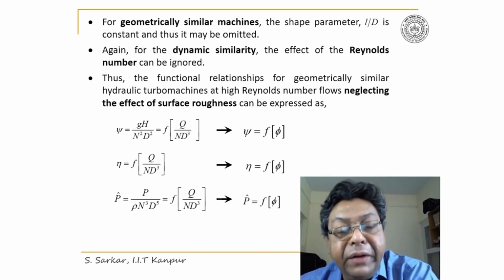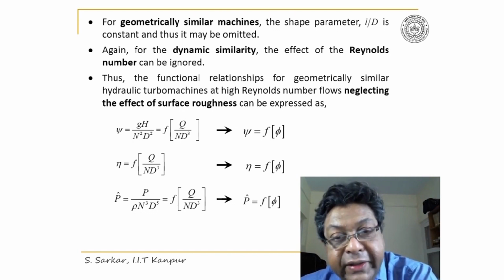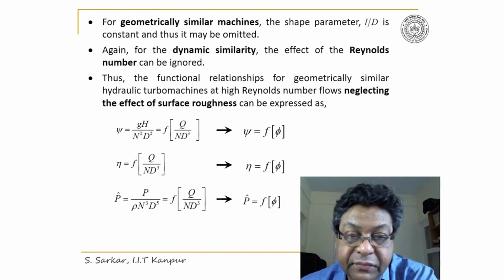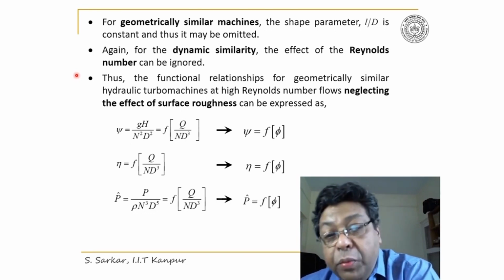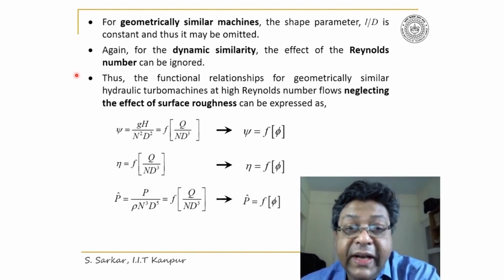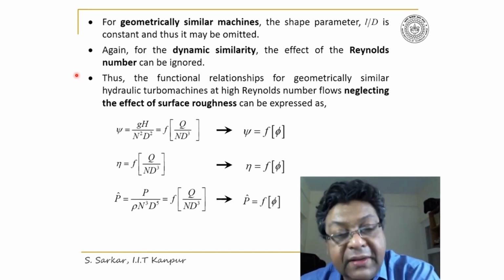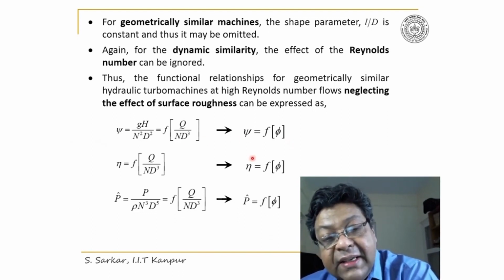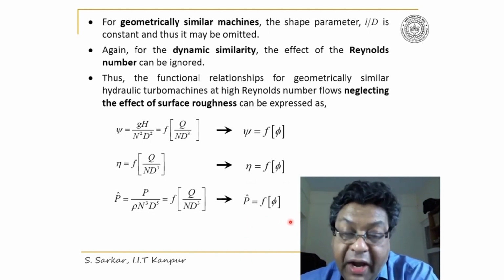Again, if dynamic similarity is maintained above the geometric similarity, then the effect of Reynolds number can be ignored. Thus, the functional relationship for geometrically similar machines at high Reynolds number, neglecting the effect of surface roughness, can be expressed as xi is a function of phi, eta is a function of phi, and P tilde is a function of phi.